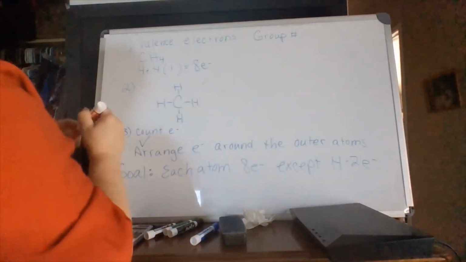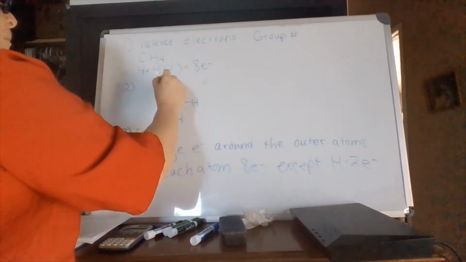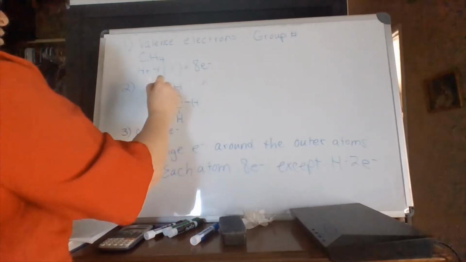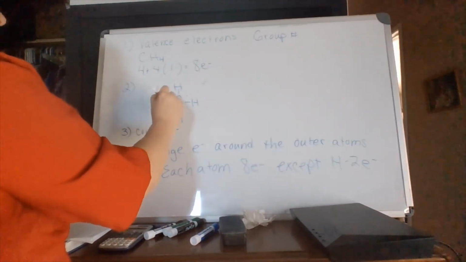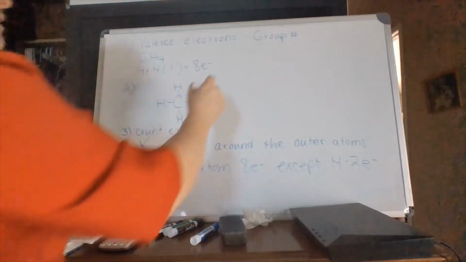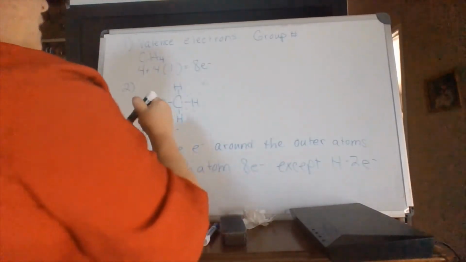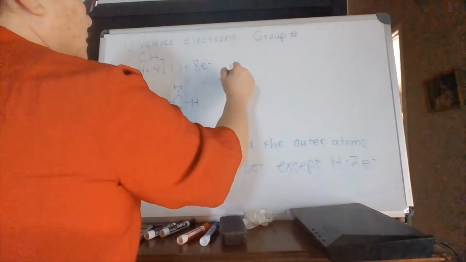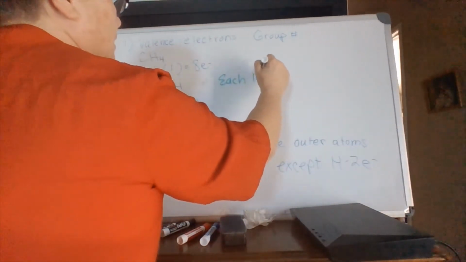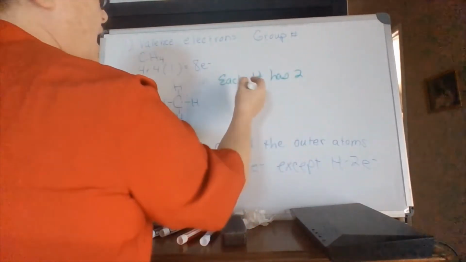So if I look at each hydrogen in my drawing, it's sharing 2 electrons with carbon. And so each hydrogen is fulfilled. So each H has 2, and hydrogen can never have more than 2.